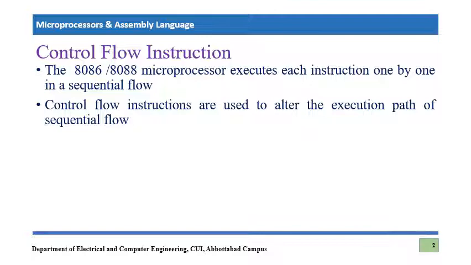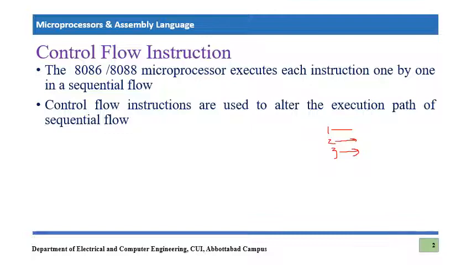this execution path. For example, let's say we were executing instruction 1 and instruction 2 was fetched. When execution of 2 was in process, then fetching of the third instruction was in process.